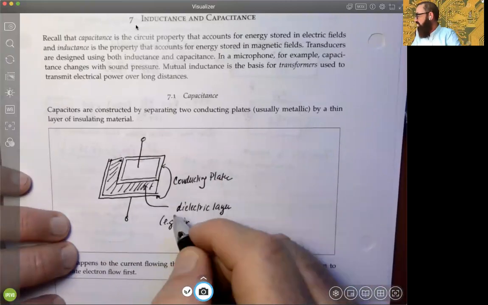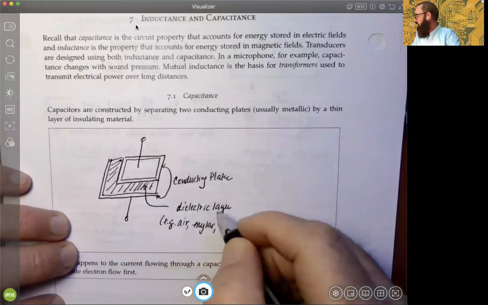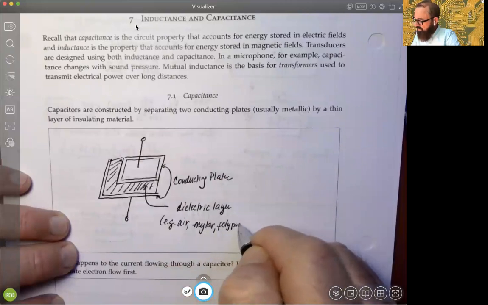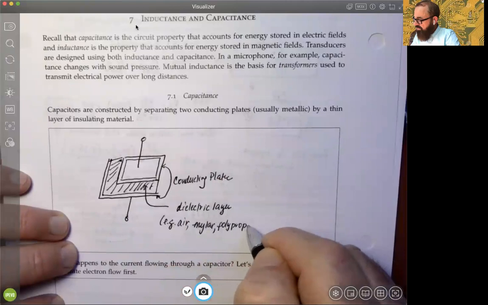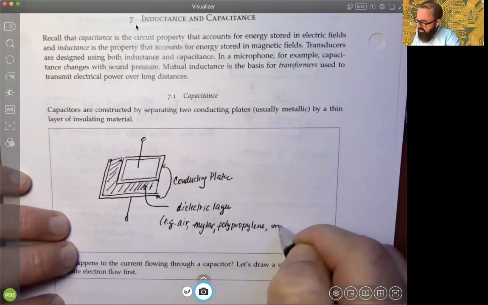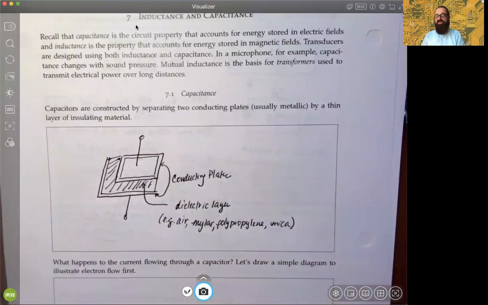Nothing inside, right? Or some other materials, maybe mylar, polypropylene, or perhaps even mica. Okay? All of those are good insulating layers, right?